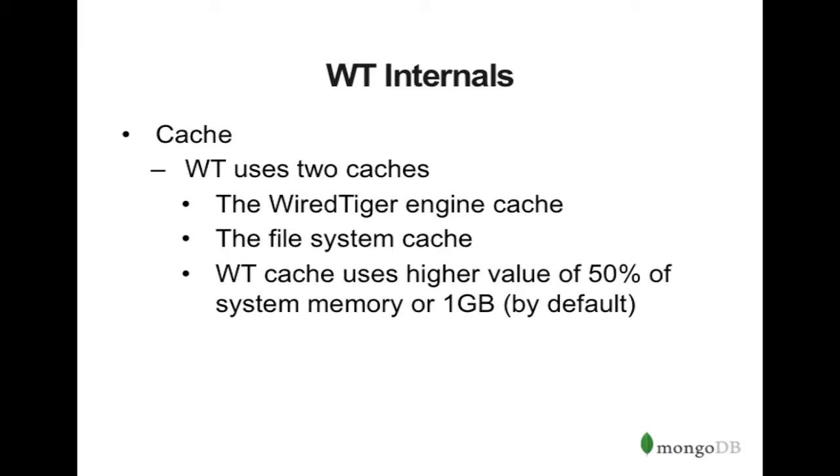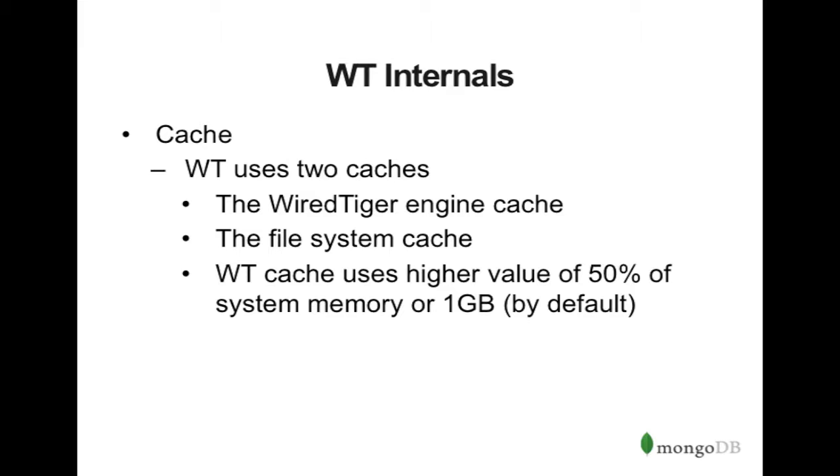So when actually accessing documents and collections in memory, we need to have them all in their in-memory representation. So this means that the WiredTiger engine cache is what's going to actually be holding your working set, whereas the file system cache is just going to hold the cached version of the files that are being used.